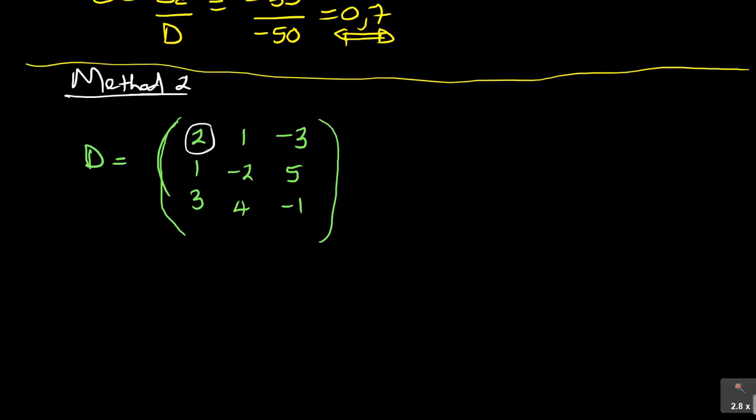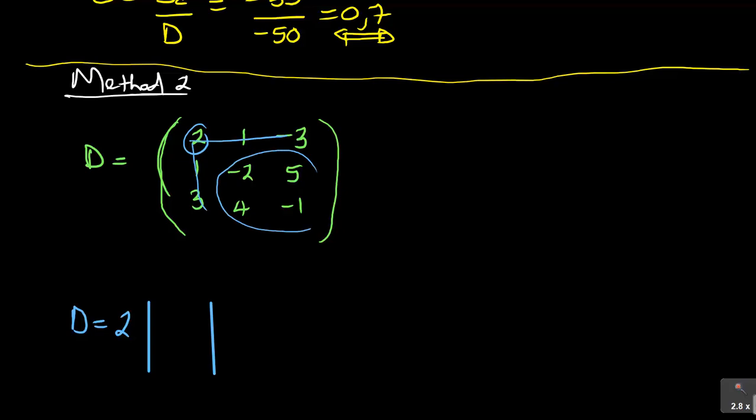When I start at 2, I'll write D is equal to 2, and because I started with 2, I'm going to cover that row and that column.